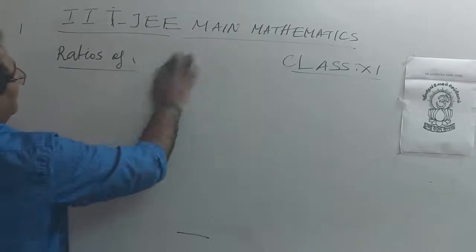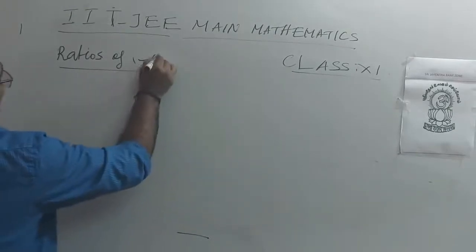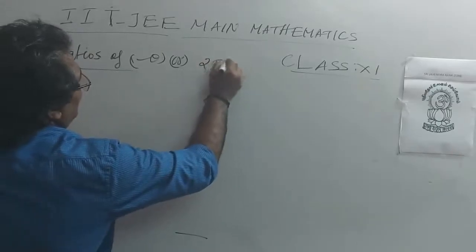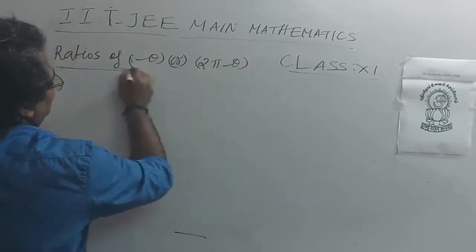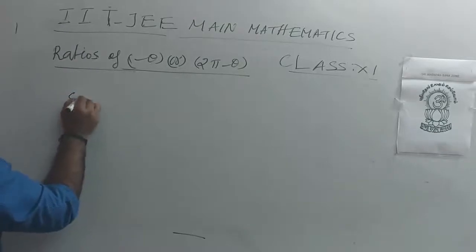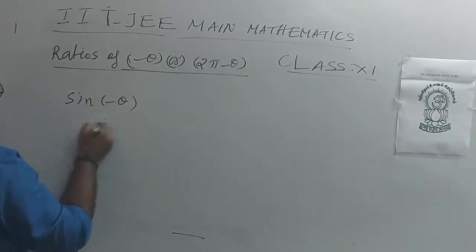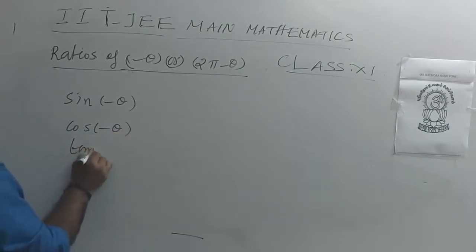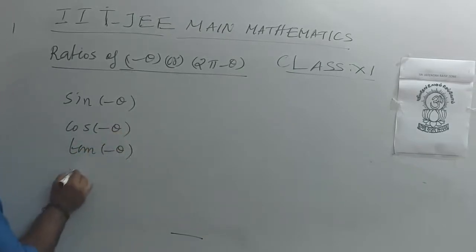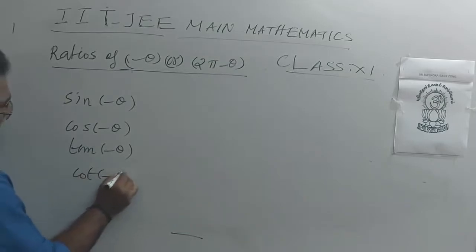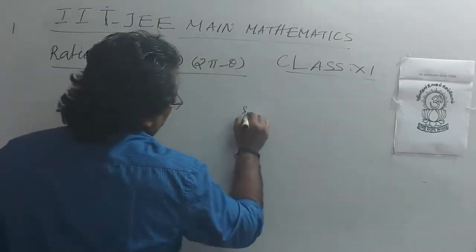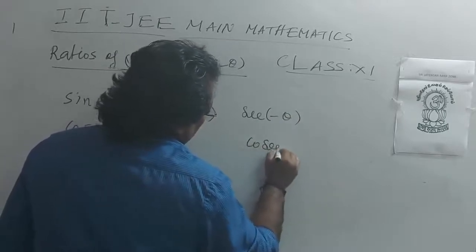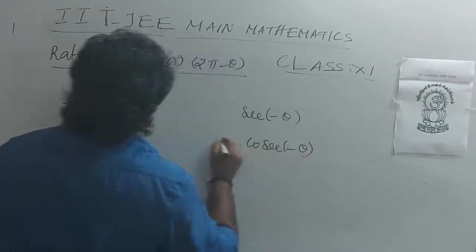So, ratios of minus theta or 2 pi minus theta. Sin of minus theta, cos of minus theta, tan of minus theta, cot of minus theta, secant of minus theta, cosecant of minus theta.